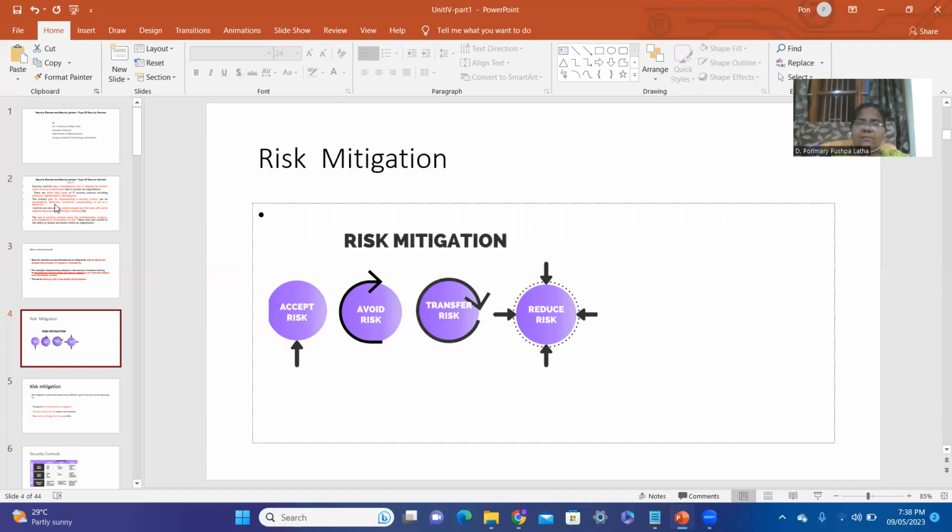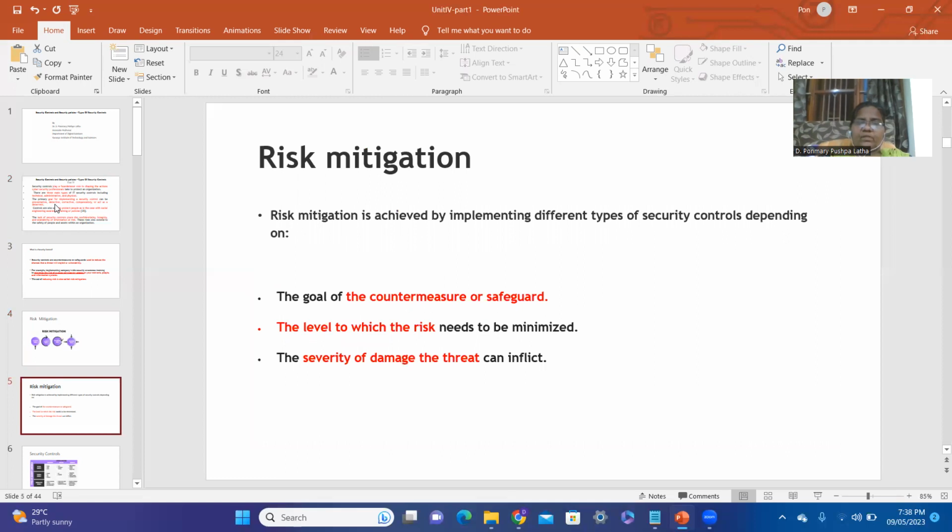Wherever there is a possibility of risk, we have to reduce it. With risk mitigation, we safeguard things and avoid threats.